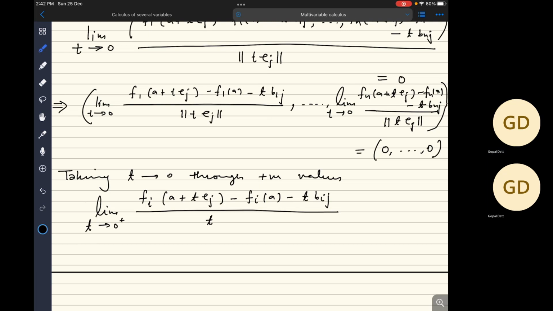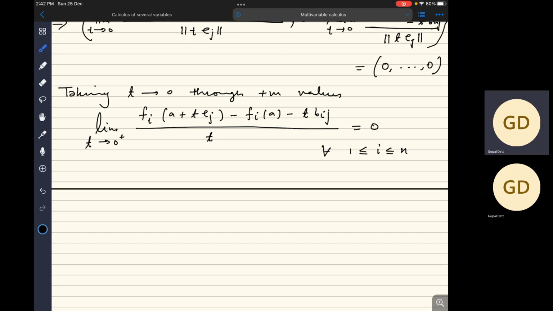Okay, this is equal to 0 for all i between 1 to n. So what will we get? We will get bij equal to limit t goes to 0 plus of fi(a + tej) minus fi(a) divided by t.